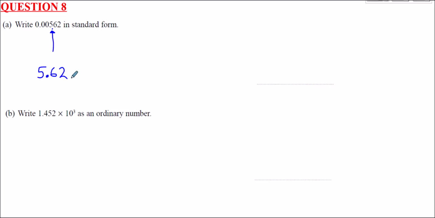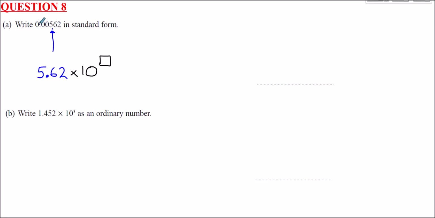Then with standard form, we always need to multiply by 10 to a certain power. And this number here, the power of 10, has to be a whole number. Without a calculator, we can just simply see how many decimal places the decimal is at currently compared to where it needs to be.